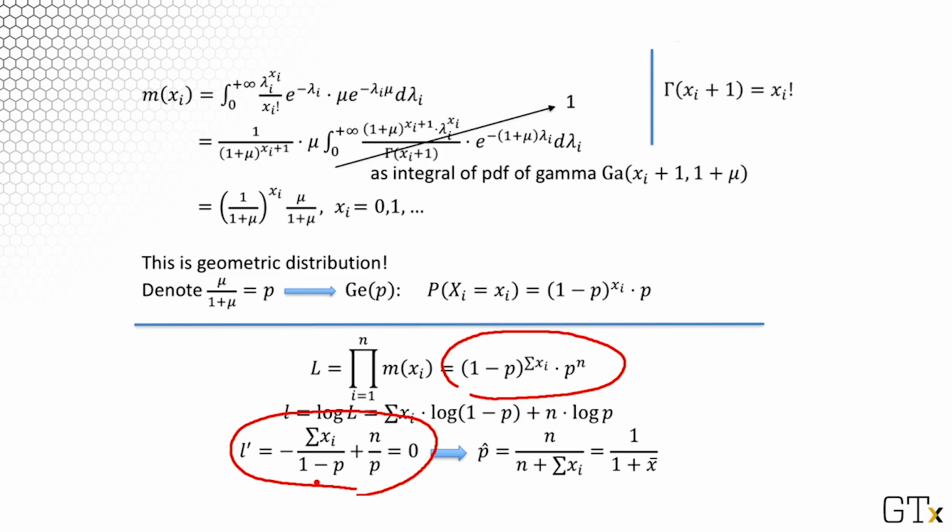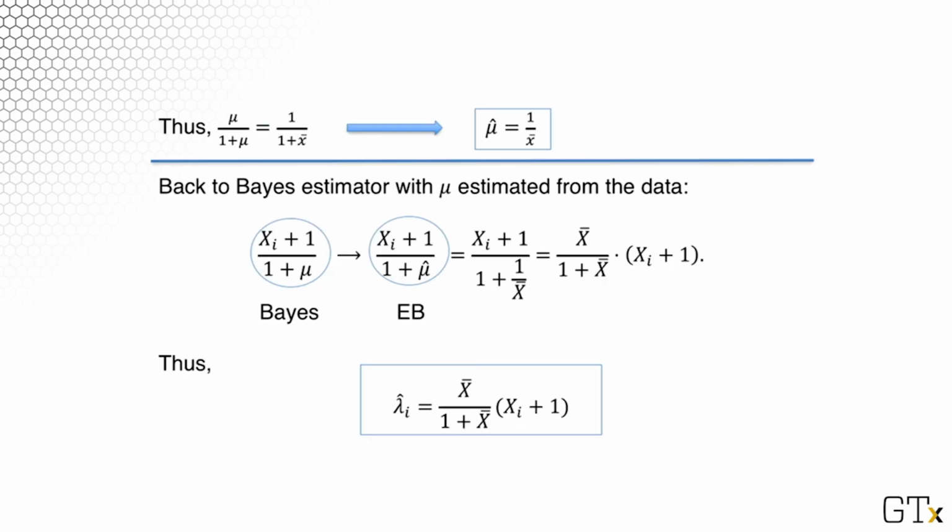By solving this equation, we find the MLE of p, and that MLE is n divided by n plus summation of xi. If we divide by n in numerator and denominator, we end up with p hat as 1 over 1 plus x bar. So mu divided by 1 plus mu is estimated from the data by 1 over 1 plus x bar. This leads to mu hat estimated as the reciprocal of x bar.